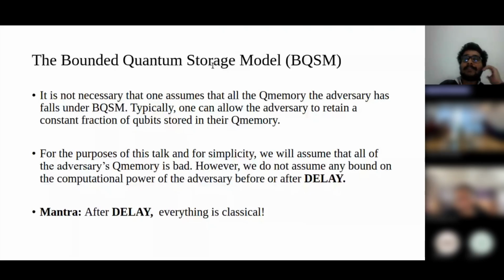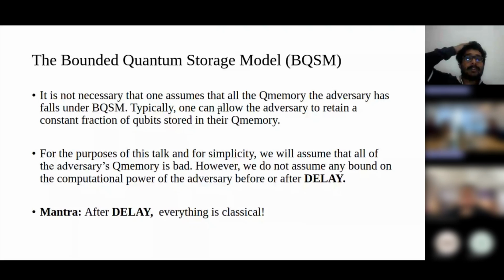So for example, if you have an n qubit state, it is allowable that after the BQSM assumption is imposed, the adversary can maintain some small fraction gamma n of the qubits as they were before. This is typically the model in which BQSM protocols are defined, that a small amount of memory is retained.